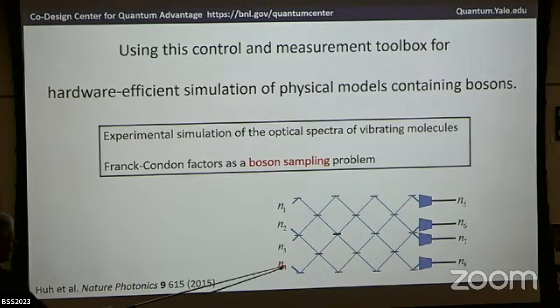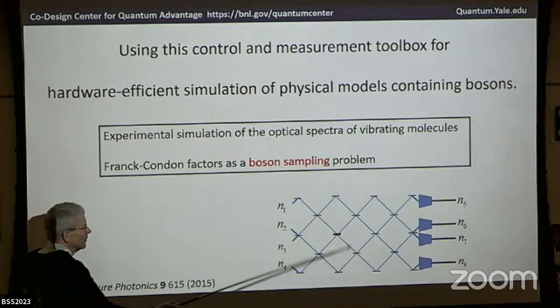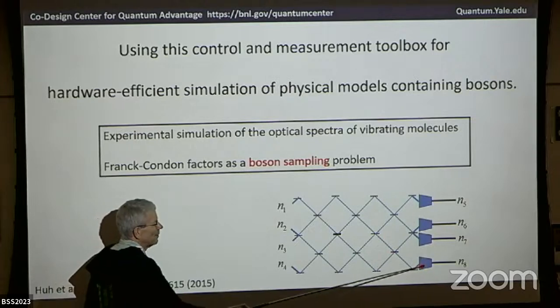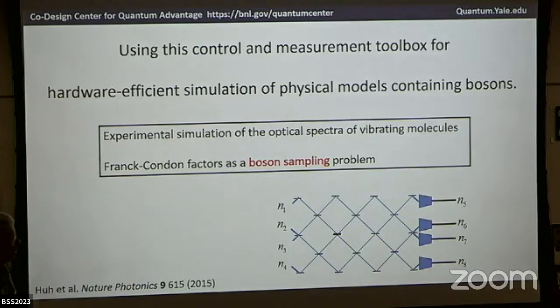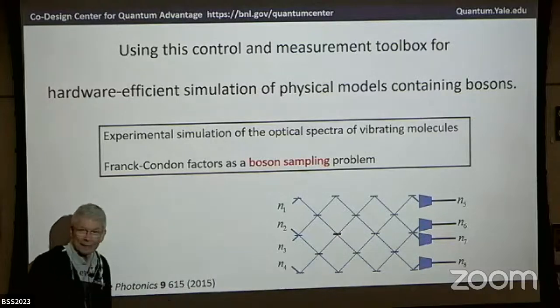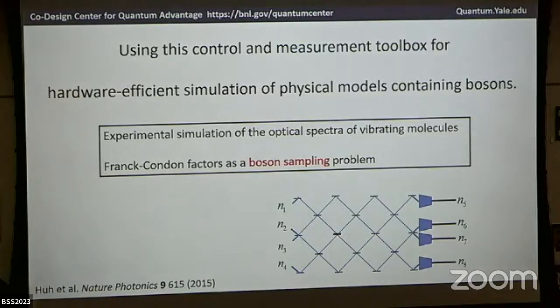But if you put Fock states at the input, and they get all mixed up by the beam splitters, it's very complicated, very computationally expensive to calculate the probability of getting a particular Fock state distribution at the end. And this difficulty, which involves calculating permanents of the propagator through that array, is the basis of what was proposed by Scott Aaronson for a quantum supremacy challenge using a boson sampling experiment.